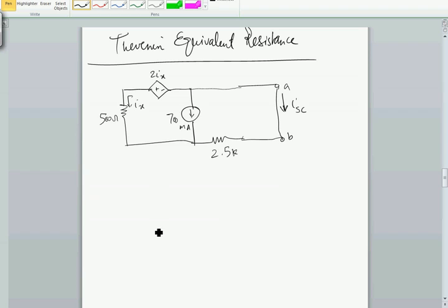Alright, so now we have two loops basically. The current in this loop is the short circuit current, and we have Ix in this loop. What we can do is, let's assume ground is here. Let's do our mesh analysis.